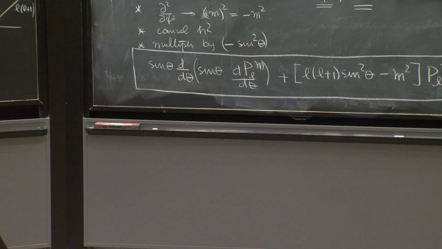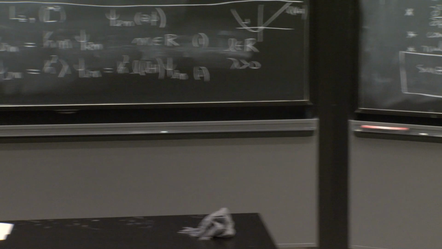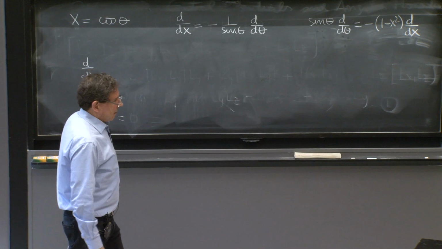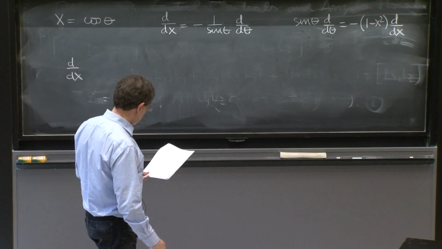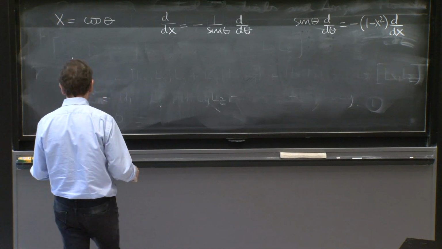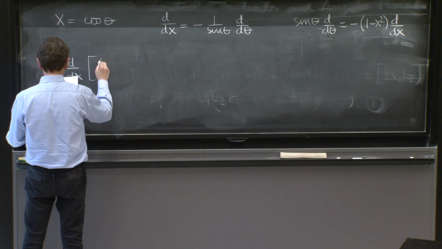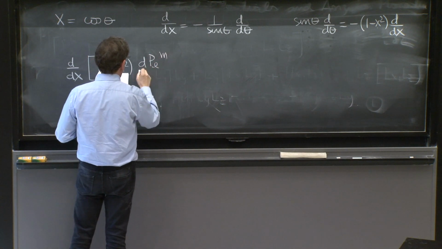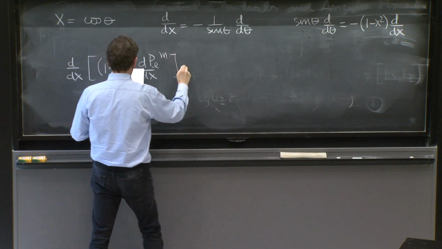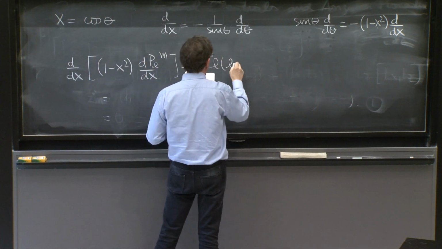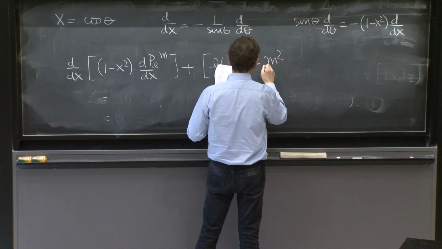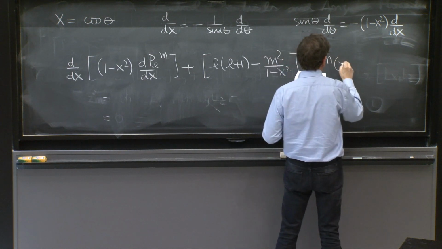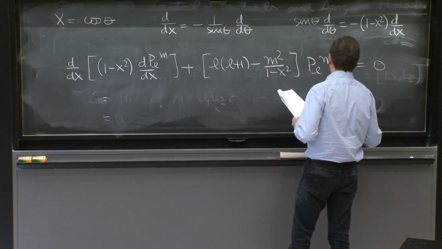So this differential equation becomes d/dx of (1 - x squared) dP/dx plus L times L plus 1 minus m squared over 1 minus x squared, P_L^m of x equals 0.